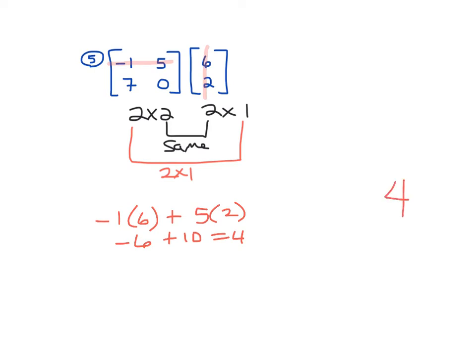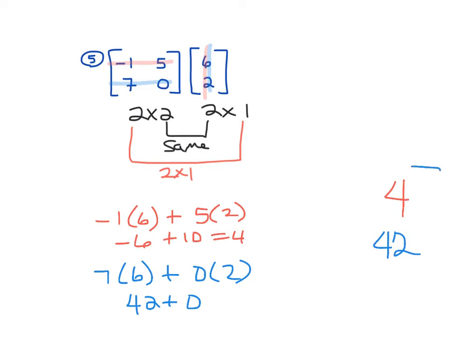There's no other column to multiply row 1 by, so now I'm going to jump down to row 2 and multiply it by the same column. So now I get 7 times 6 plus 0 times 2. 42 plus 0, and my resulting matrix is 4 over 42. 4 and 42. And you're done. So again, 2 rows, 1 column.